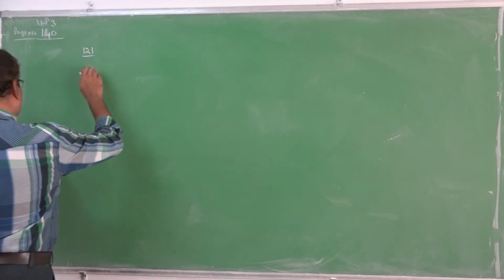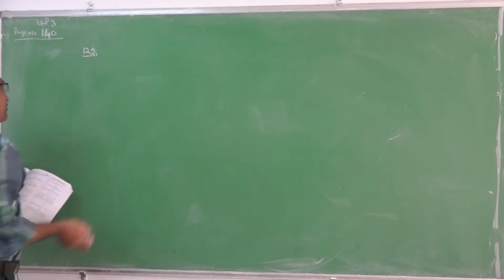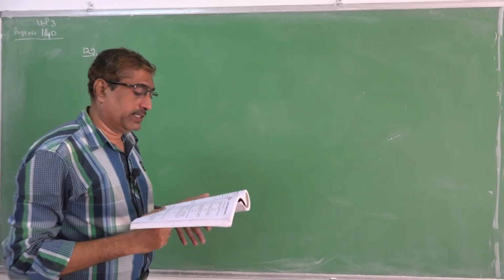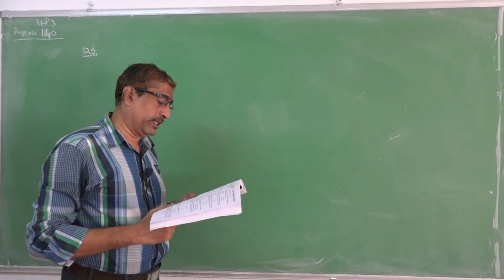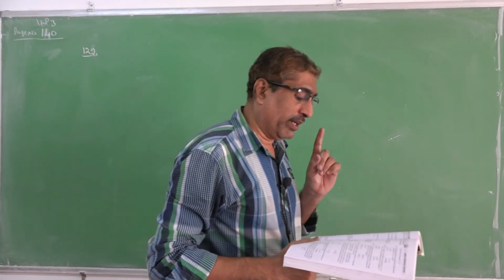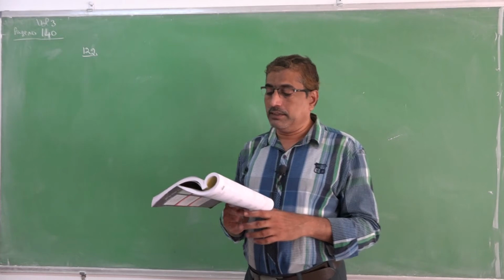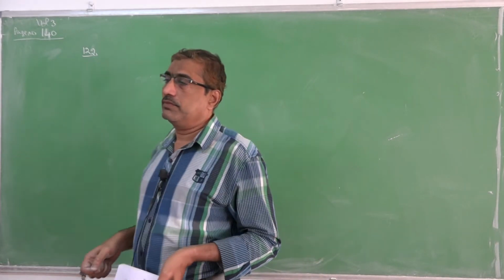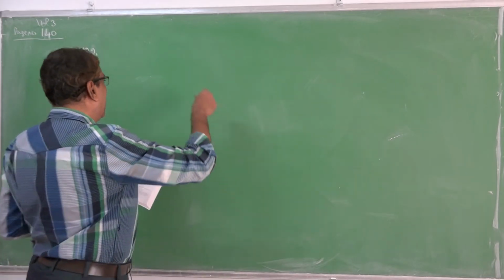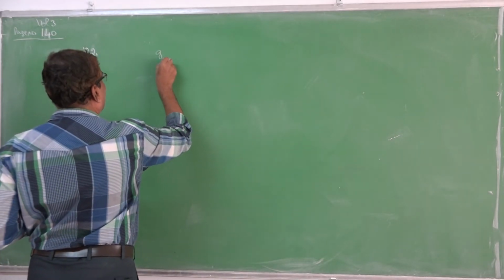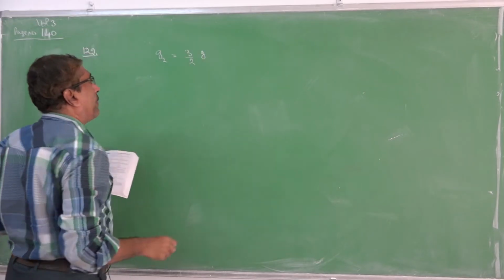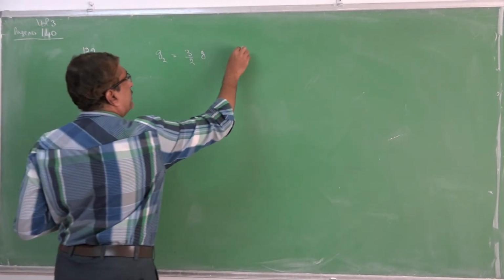Next, 122. The acceleration due to gravity on a planet is 3 by 2 times that on Earth. If the length of the seconds pendulum on Earth is 1 meter, then the length of the seconds pendulum on the planet is? Okay, the acceleration due to gravity on the planet, that means g2 is equal to 3 by 2 times g, where g1 is equal to g.